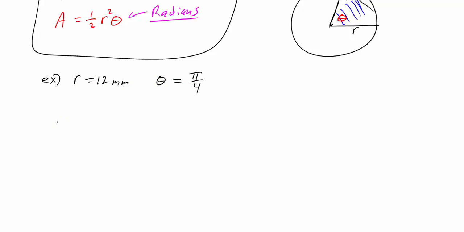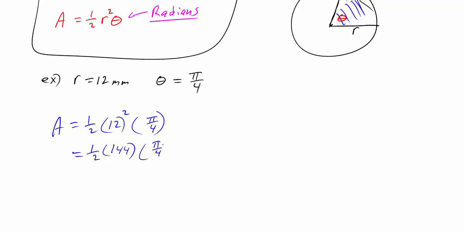If we plug into the formula, we have area is equal to 1/2, the radius squared, so that would be 12 squared, and now we have to multiply by the angle pi over 4. Now we're going to multiply this out. We have 1/2 times 12 squared, and that's going to be 144 times pi over 4.